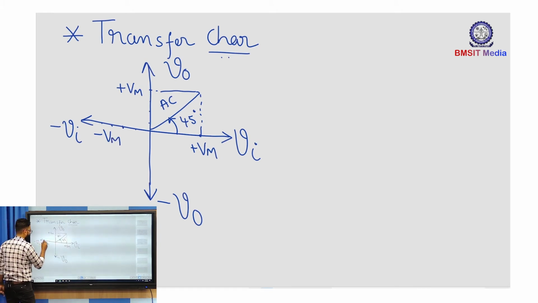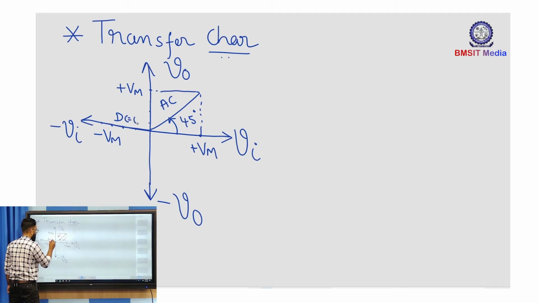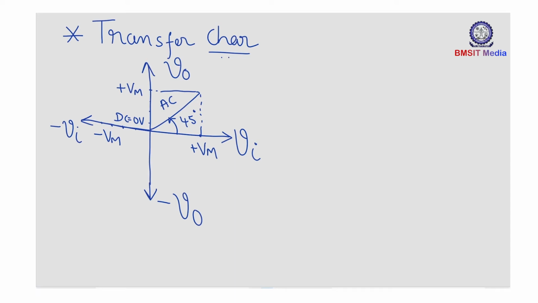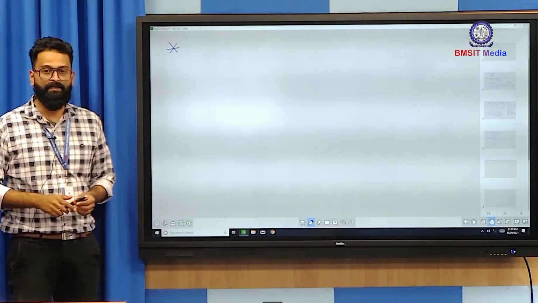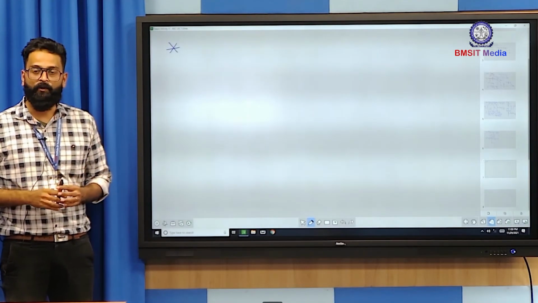The output stayed at 0 volt level. So you can call it as DC value of 0 volts. So this is the transfer characteristics of half wave rectifier.